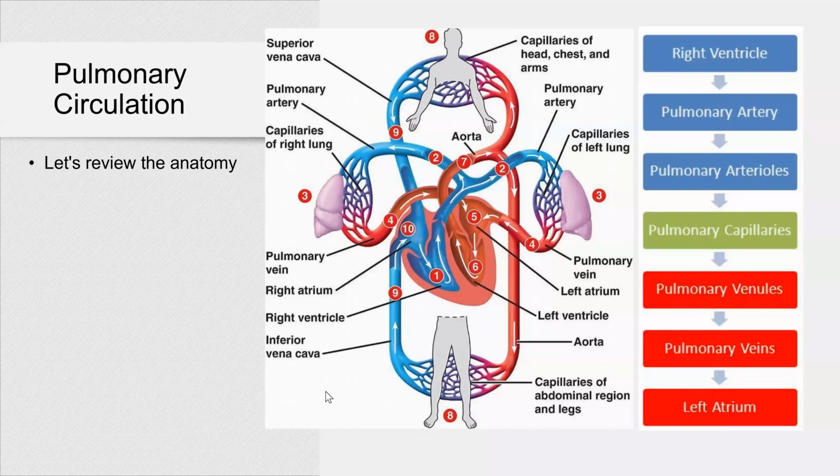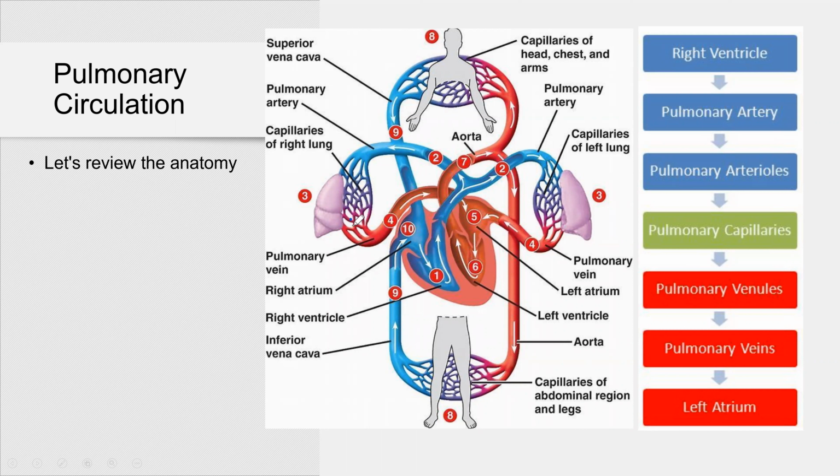So let's see what we have here. Okay, so we go from number 1, this is our right ventricle. So we go to pulmonary arteries, then pulmonary arterioles, then the lungs.